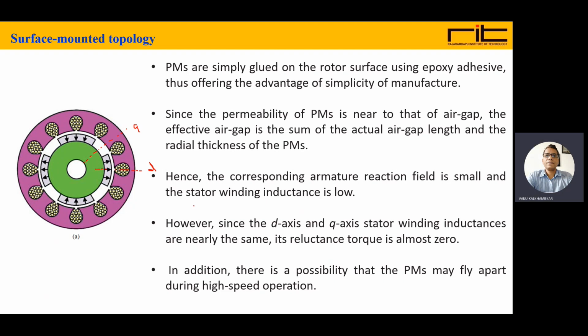Now the inductances are nearly same and reluctance torque is not contributing. In addition, there is a possibility that the permanent magnets may fly apart during the high-speed operation. So the surface mounted is though simple, there is a possibility of dislodging the magnets when there is a high-speed operation of the motor.